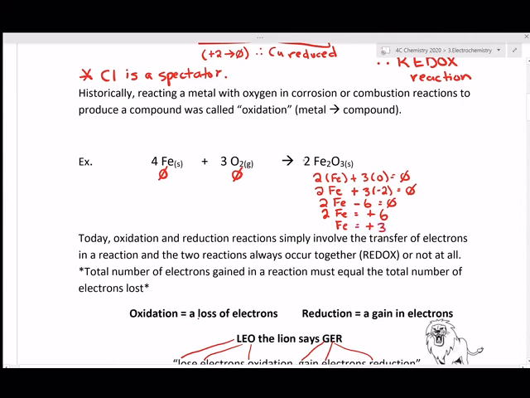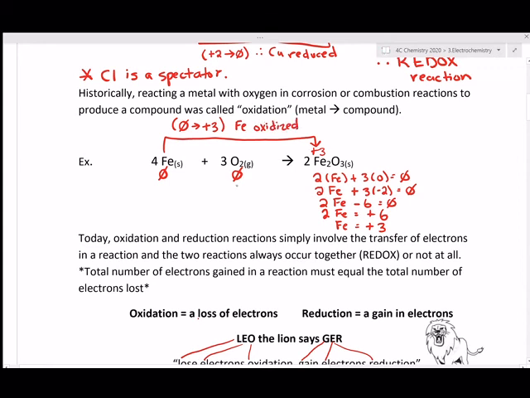Okay, so let's throw that in here. That's an example of a metal that can have more than one charge that you would have to work out occasionally. All right, so once again, iron went from 0 up to +3, so iron was oxidized.